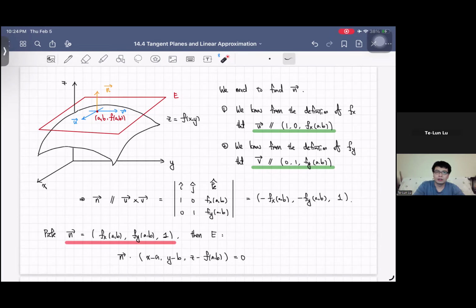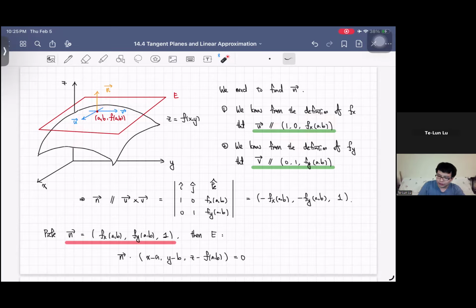First of all, let us motivate ourselves with the equation of this so-called tangent plane instead of a tangent line. Previously, in the definition of the partial differentiation, we know that the partial derivative f_x(a, b) is basically the rate of change of this function along the x direction.